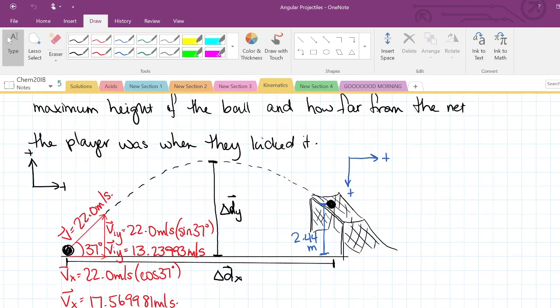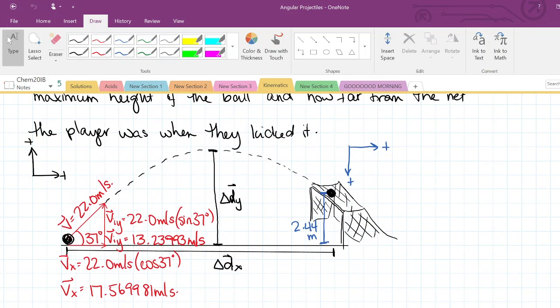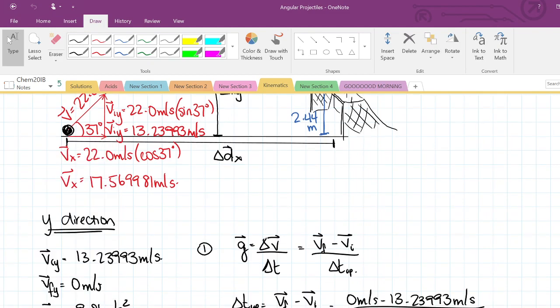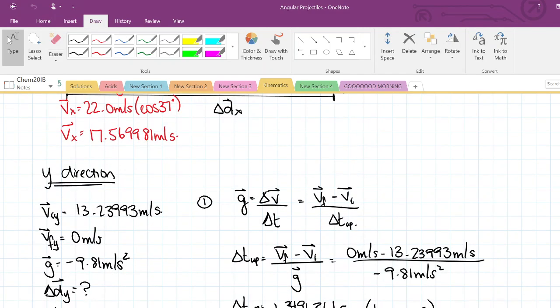That's why the trajectory starts to curve back toward the earth. Since I set up as positive, my acceleration vector is going to be negative. And I'm looking for the displacement in the y direction.